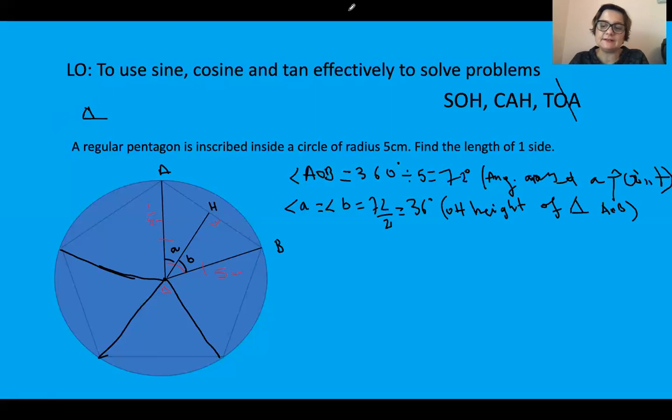Triangle AOB is isosceles because OA equals OB equals the radius, all right? So A and B are 36 degrees. Put this in the picture here, just like that.